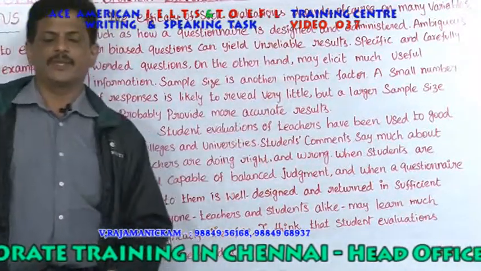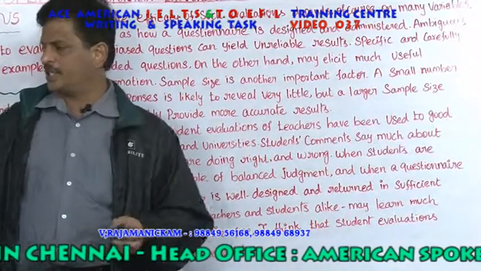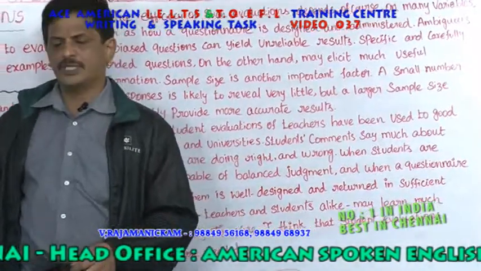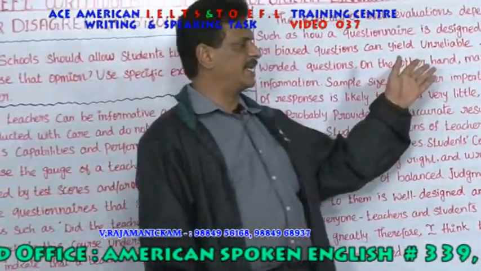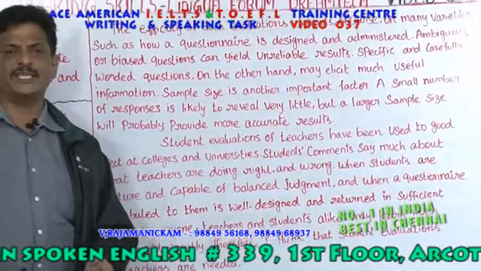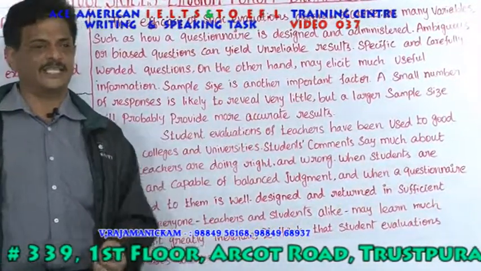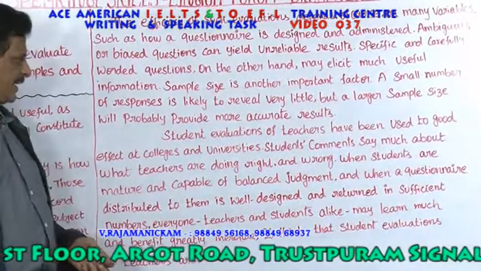So he says, first paragraph introduction, second paragraph the questionnaire should be given, and in the third paragraph he says how the questionnaire and the questions should be arranged and what the sample size is. He says about the methodology of collecting the information. That's what he says in the third paragraph.